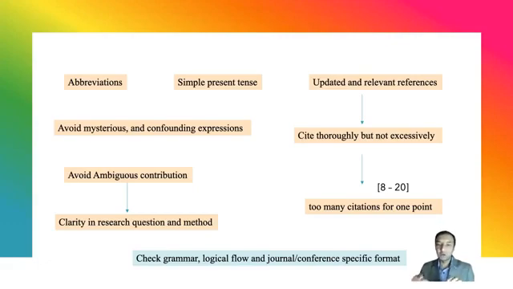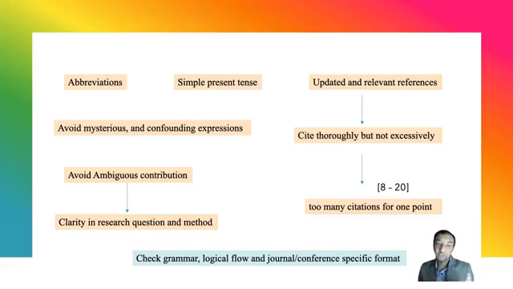That means do not write 1, 2, 3 lines and then add 7, 8, 9 references for those 2, 3 lines, like the examples I mentioned, 8 to 20 references. That would create a very bad impression, right? So add relevant references, but don't bombard the reader with too much information, which would make it very hard to digest, even in the beginning paragraph.